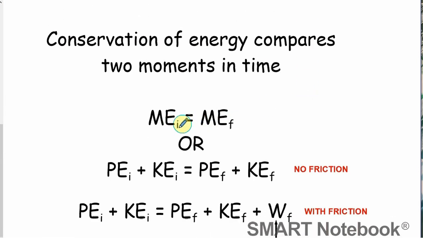And so we can say that the initial mechanical energy is equal to the final mechanical energy. And now you get to write that out mathematically. So the initial mechanical energy is the initial potential plus the initial kinetic, and that has to equal the final potential plus the final kinetic energy, neglecting any kind of frictional forces.